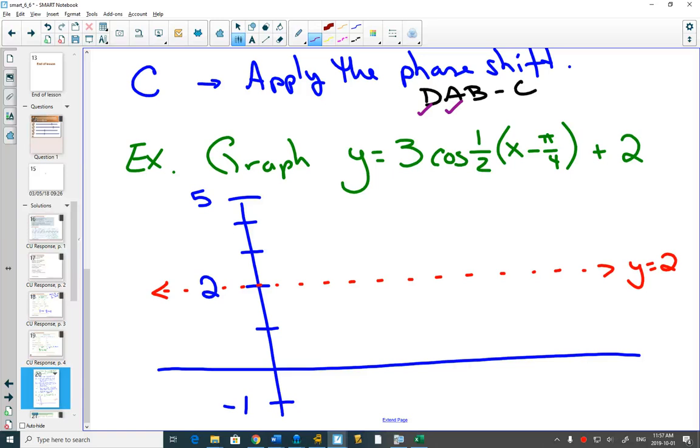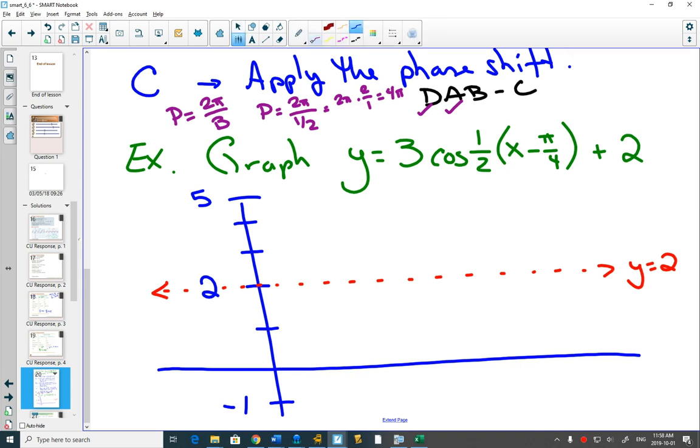B. For your B value, you can find your period. Remember the formula that period is 2 pi over your B value? So we would have 2 pi divided by 1/2. How do you divide by 1/2? Dividing by fractions, multiply by the reciprocal, which would be 2 pi times 2 over 1, which is 4 pi.